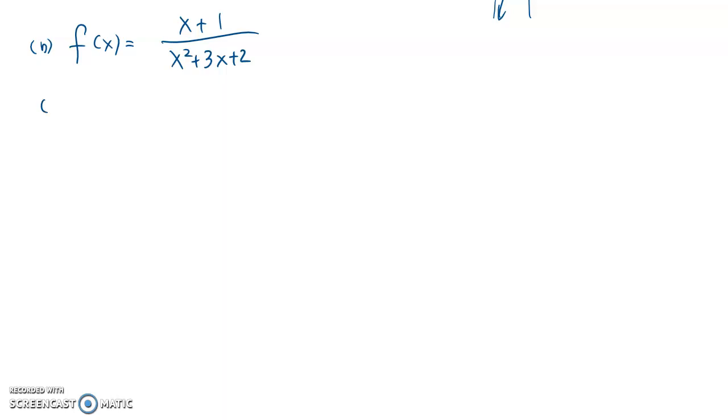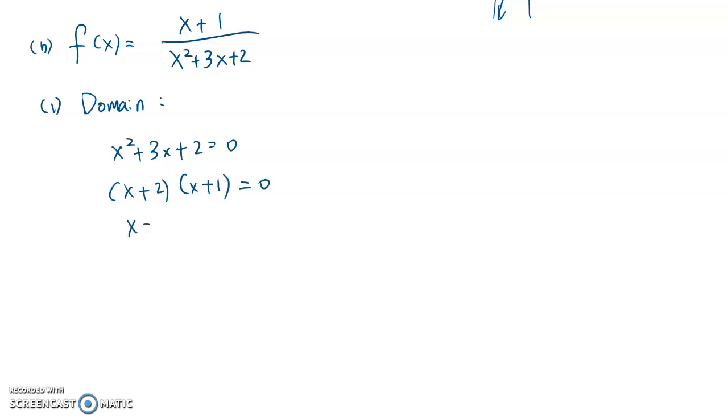Okay, first I want to look at the domain. For the domain, you want to exclude whatever number is making the denominator equal to 0, right? So we will set the denominator here equal to 0 and solve this equation. Excuse me, it's plus 2. x plus 2 times x plus 1 equal to 0.